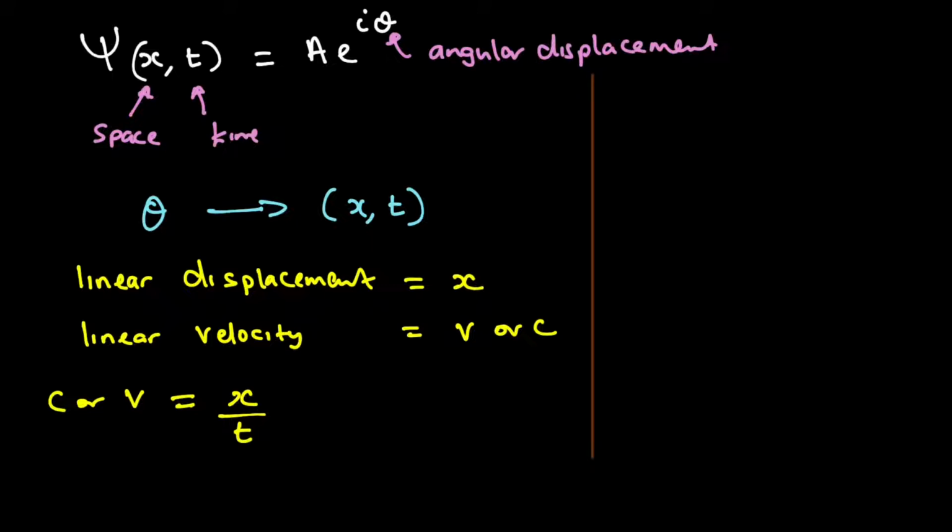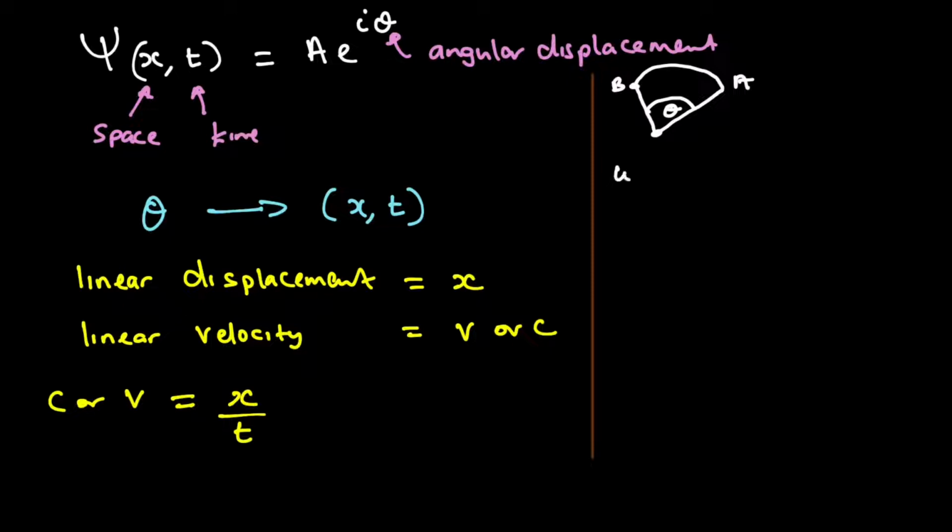But what about a particle moving at an angle? If you have a particle, start at A and then move all the way to B, it will generate an angle, which is what we call theta. And since it's got an angular displacement, it will also have angular velocity.